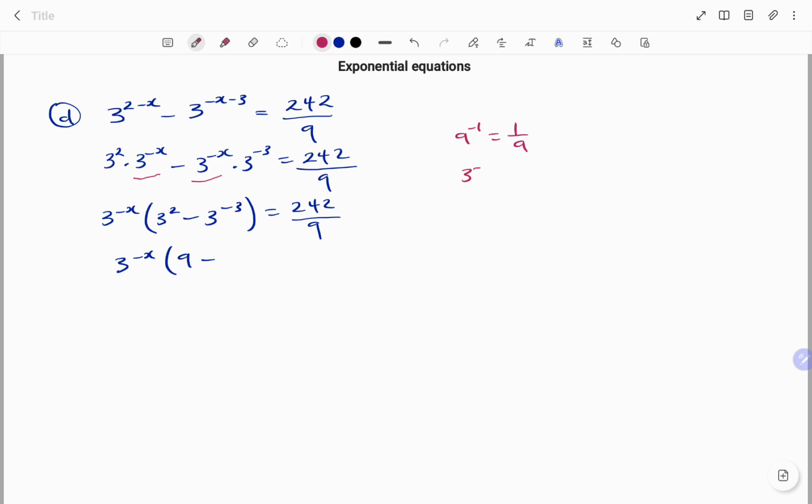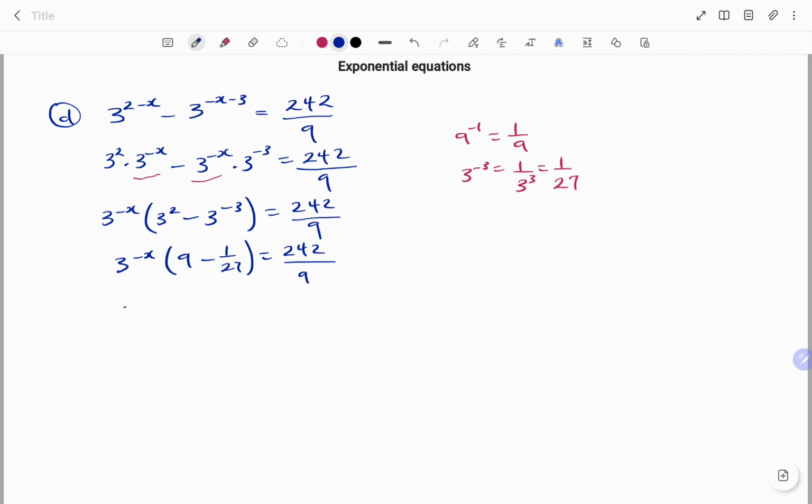So 3 to the power of minus 3 is the same as 1 over 3 to the power of 3, which is the same thing as 1 over 3 times 3, 9, 9 times 3, 27. So I'm going to slot that back into my equation. I have 9 minus 1 over 27 equals 242 over 9.